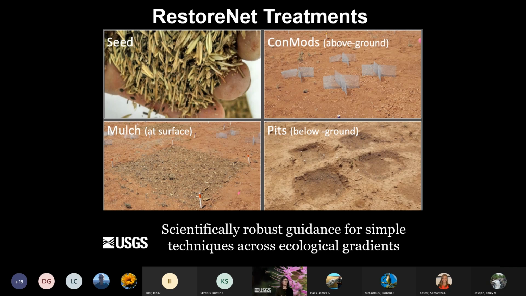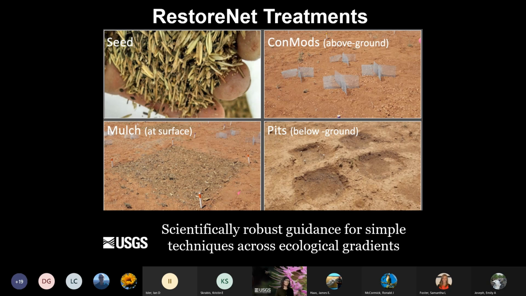So we're doing what people have done forever, but we're adding this layer of scientific robustness and also distributing the results across the whole geography, and then understanding how these treatment effects can change depending on what type of desert you're in. Treatments include seed, above ground con mods, surface mulch, and below ground pits.